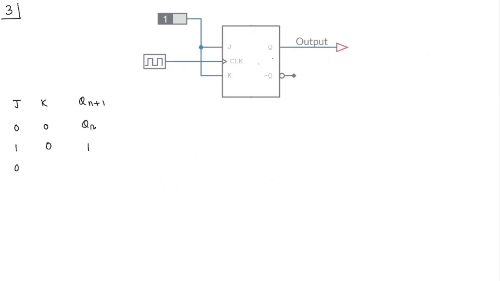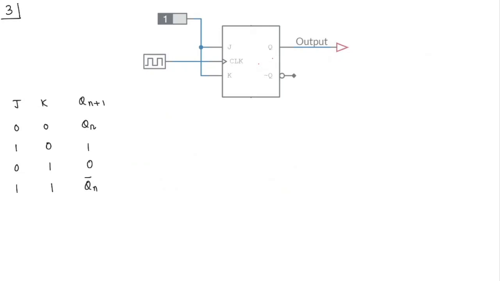If J is 0 and K is 1, you have an output equal to 0. And if J and K are 1 1, then you have an inversion of the state, right? And of course, all this happens at the clock transitions. So I've not drawn the clock here, but it's a shortened version of the truth table.